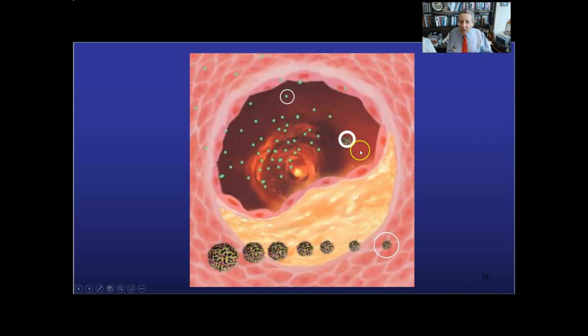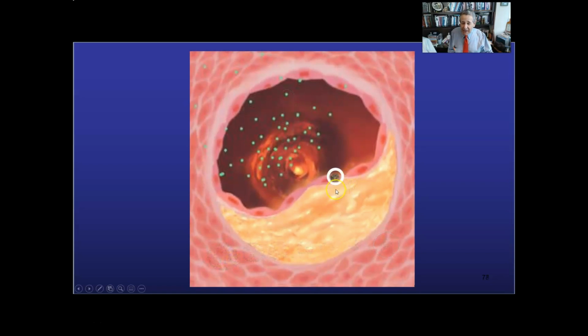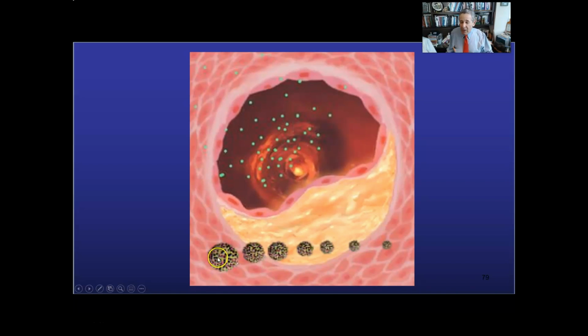So when it's circulating around, it sticks to the endothelium. And when it sticks to the endothelium, it goes under and it becomes part of the cholesterol pimple. What about normal large LDL particles that are getting cleared efficiently?